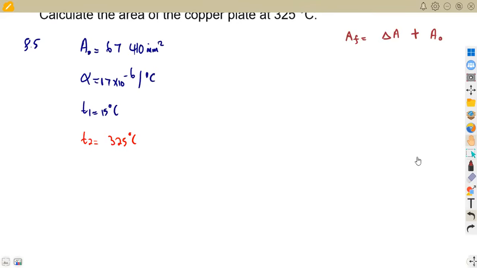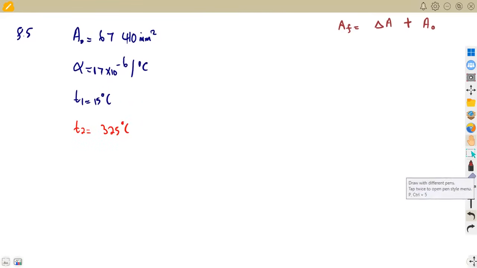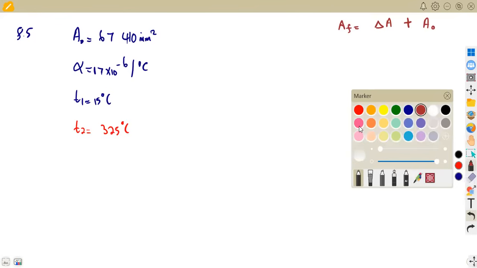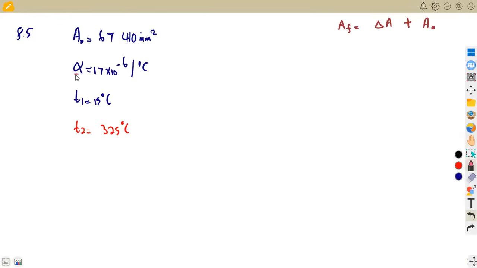From the previous part, I talked about the relationship between the linear coefficient of expansion and the area coefficient, because whenever you calculate the change in area, you have the formula for the area expansion, because we talk about area. So it is going to be beta, the coefficient of area expansion, times the original area times the change in temperature.